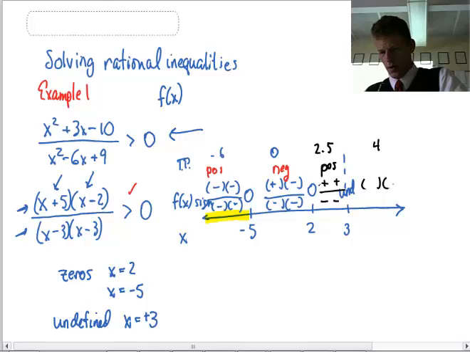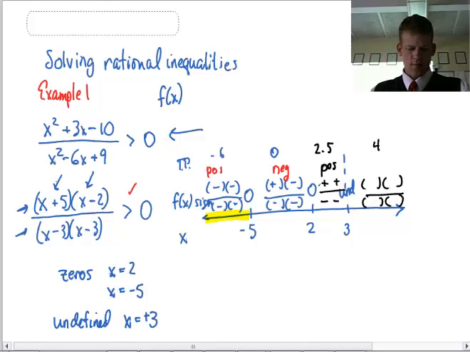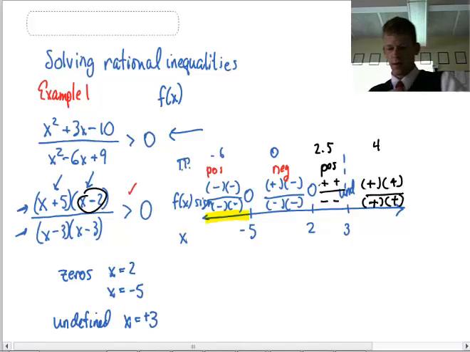And when I look at my sign check, when I put 4 in here, that's going to be positive, and then x minus 2 will be positive, and then the bottom we're going to have positive and positive. So this is going to end up being a positive interval as well.